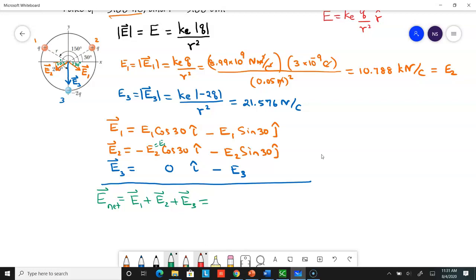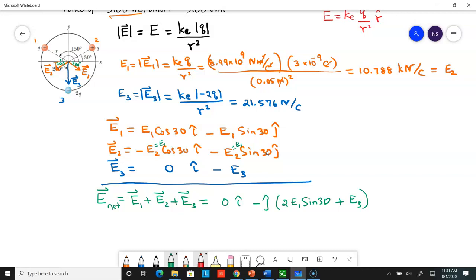So these are exactly the same, so they cancel off, so I get a 0 i. And then I'm trying to add up all the y's together here. E2 is the same as E1. So if I collect all the y, I'll say negative j basically, right? Negative j, and that's multiplied by 2 times E1 sine 30 plus E3.